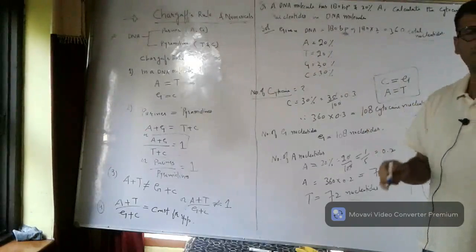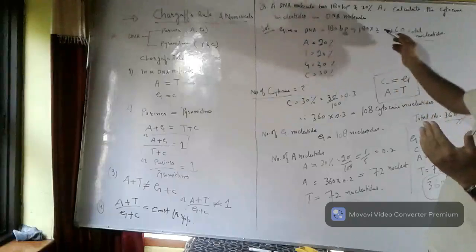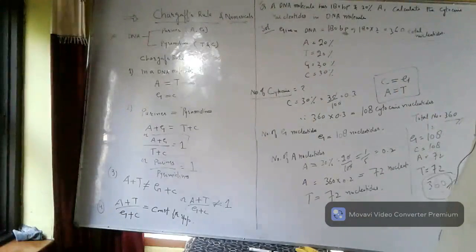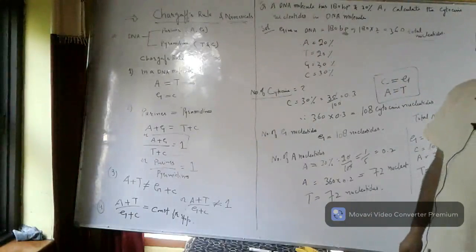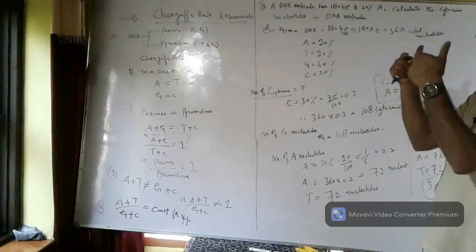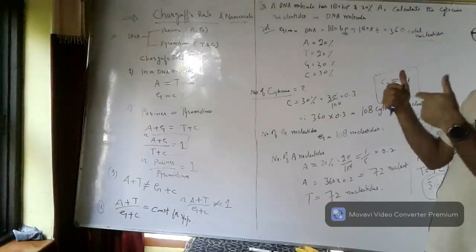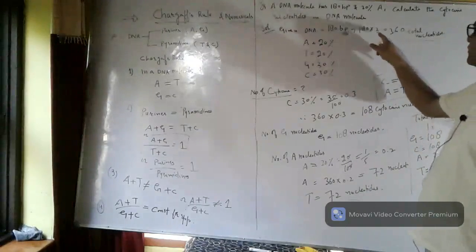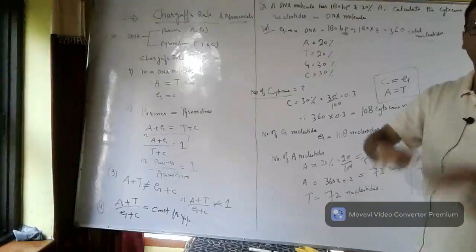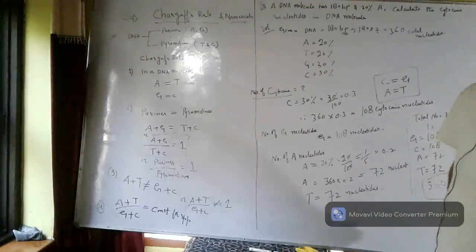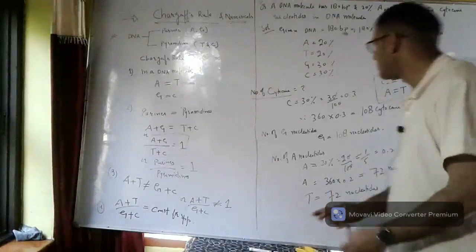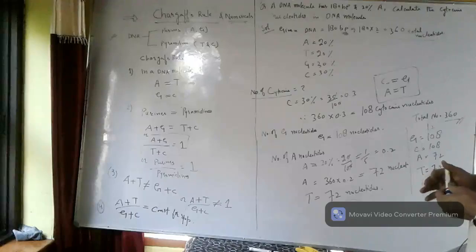That means they are pairs. We used the 2 for that purpose, because the nitrogen bases are present in pairs: adenine, thymine, guanine, cytosine. That is why we use 2, so as to get the total bases in a DNA molecule. So this was a question which was asked in one of the examinations. Then we'll take another question.